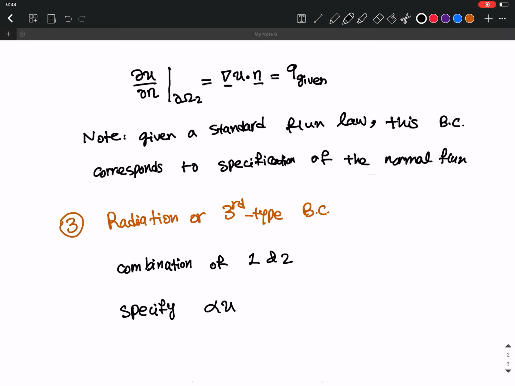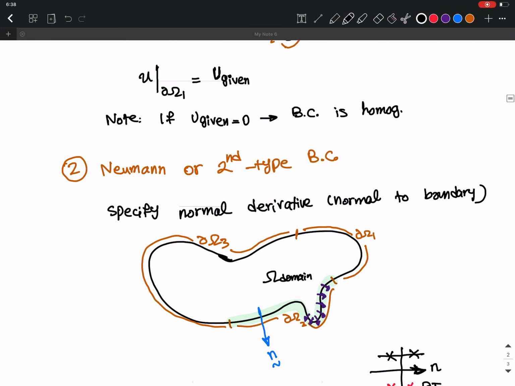So for example, you say alpha u plus beta partial u over partial n at a specific boundary location, omega 3, equals gamma given. Okay, so this is the third boundary condition.